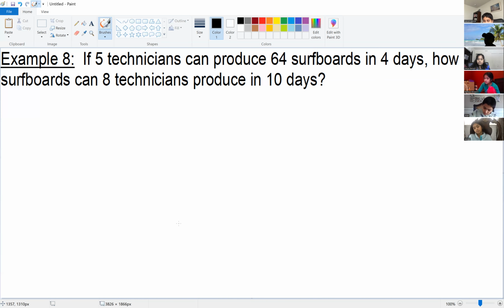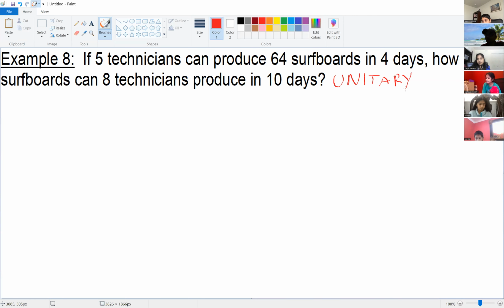Everybody understand his explanation? I'm going to write it down. I got 256 too. I did 64 divided by 5 and then that divided by 4, which is 3.2, and then I multiplied that by 10 and then by 8.